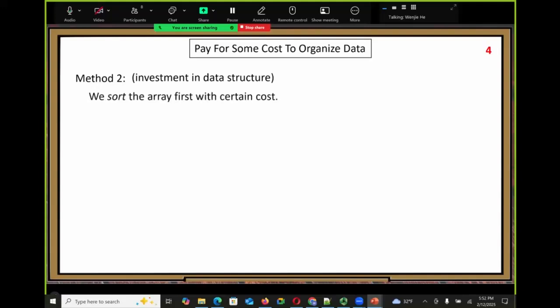All right. So let us sort the array first, with certain cost. Sorting is actually pretty expensive. The sorting process is usually quite expensive. You need to pay a lot of cost.